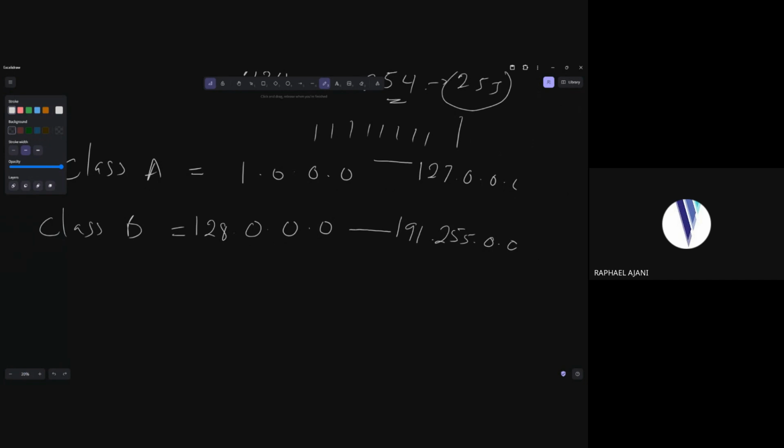For class C, you can ignore class D and E. They're not usually used because the number of networks and hosts you get there is really very small.